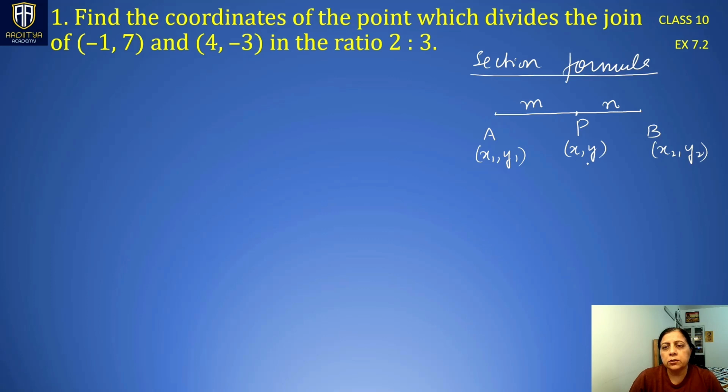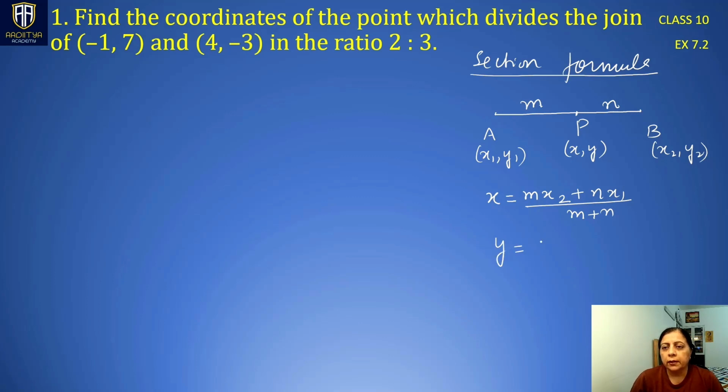So the coordinates of P can be written as x is given as m times x2 plus n times x1, divided by m plus n.